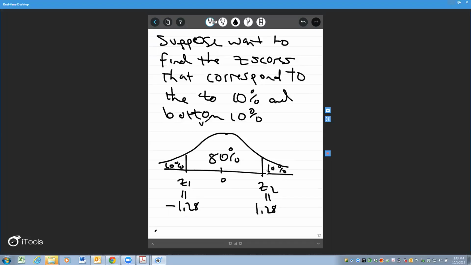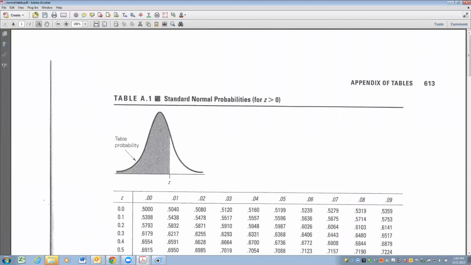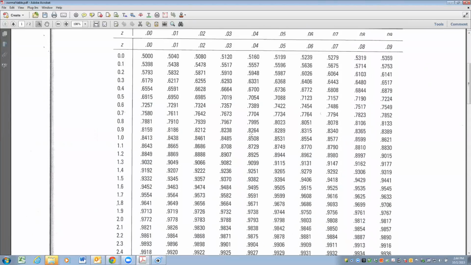Alternatively, we could have said, okay, being in the top 10% means that 90% lie to the left, and we could have looked up a value of 90% in here, which we know from our previous example was at 1.28.